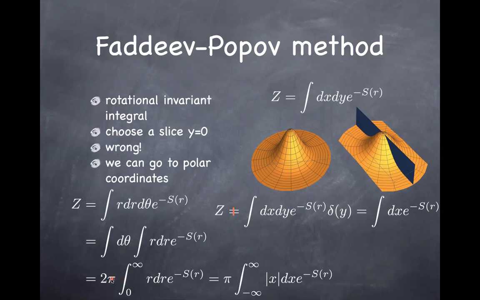And so if I take this attitude that I don't care about overall normalization of this integral, that's what we always do in path integral, this 2 pi is nothing we care about. So I can write this r integral now as an integral over the absolute value of x. And then this is the final form, which is definitely different from this very naive argument I made by sticking in the delta function of y. So what's different here is this factor of the absolute value of x, which is missing here.